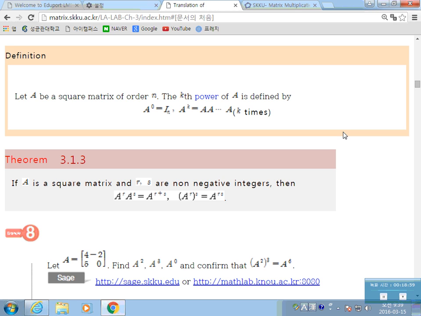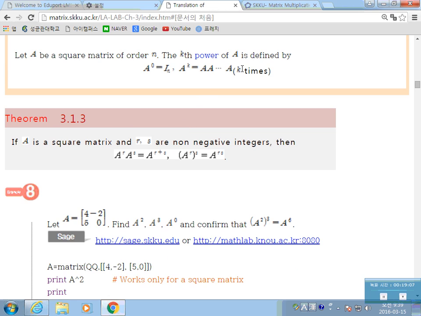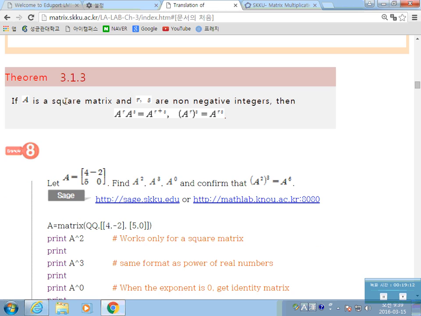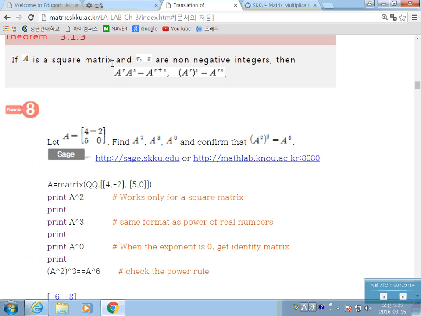So the zeroth power gives ones on the diagonal entries, so it's going to be the identity matrix. It's a kind of generalization of those concepts. And if we have a square matrix A and non-negative integers r and s, then the powers satisfy these relationships, like what you already know.